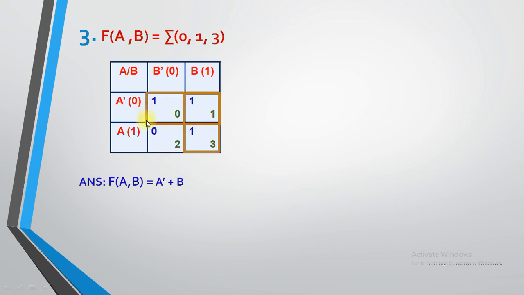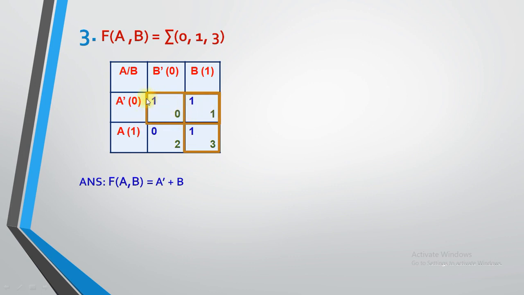Now you can make a pair over here, and this particular example represents overlapping. Overlapping means you can have a common number in both the groups. So it is possible. Now consider the first box over here, the box of 0 and 1.